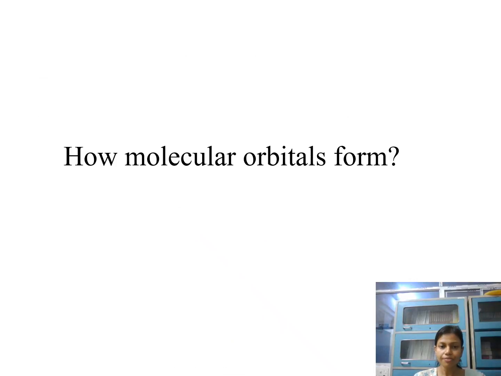Now, when a molecule is forming, obviously molecular orbitals will form. First, electrons reside in the atomic orbitals. We know all these things. Now, when a molecule forms, electrons will reside in the molecular orbitals. Therefore, it is very important to understand how molecular orbitals form.